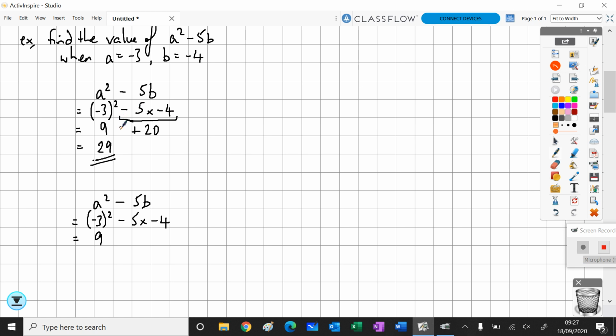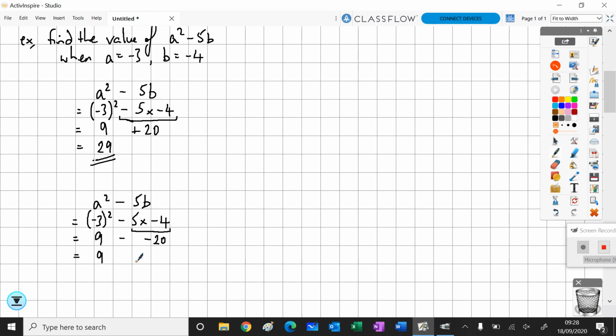But if I want to copy it down, I can do this, but I mustn't use the negative twice. If I copy it down, then I need to treat this as a 5. 5 times negative 4 makes negative 20. And a double negative like that makes a plus.